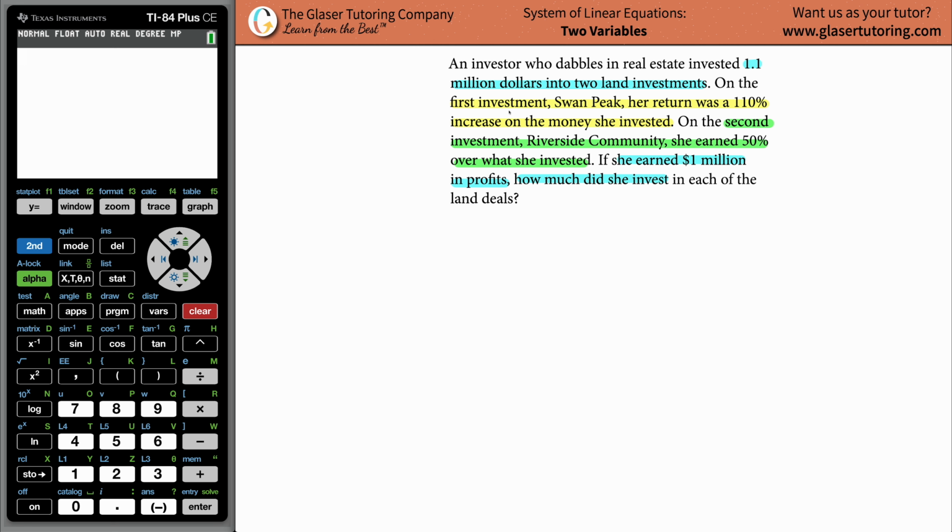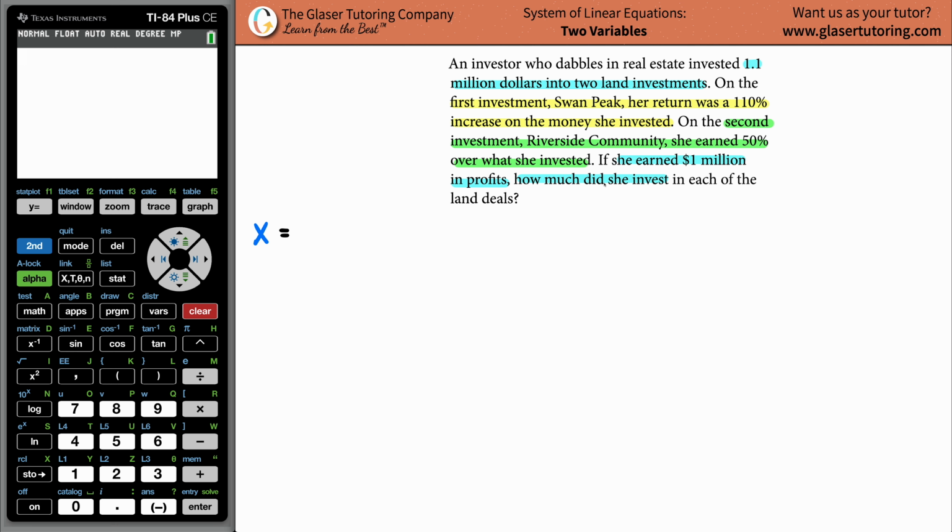Now, whatever letters you want to use, A, B, C, D, whatever, right? Me, personally, I like to use X, like everybody else. Find X, right? What is X equal? So we always start off with X. And if you want to say that X is going to link up with the Swan Peak investments or the Riverside Community investments, that's up to you.